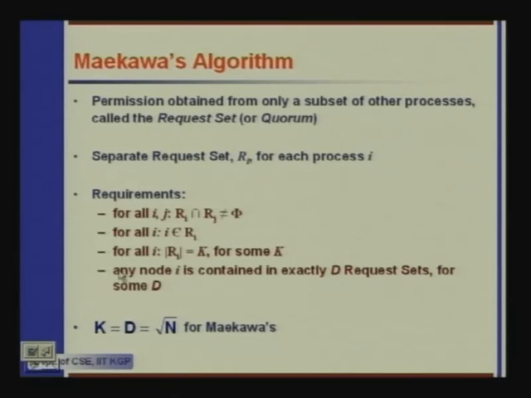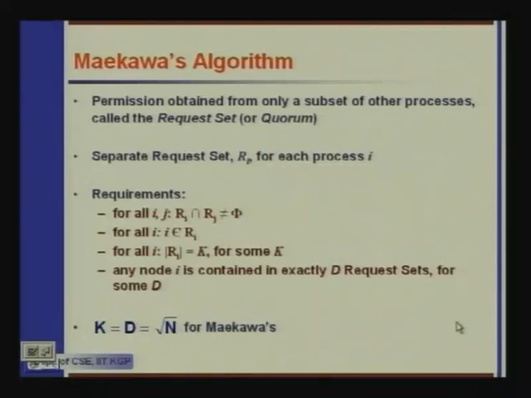We also have two performance requirements. One is that the number of members in each request set must be the same for each process. To enter the critical section, each process has to make requests to only k other processes, and k is a fixed number. So, the size of each of the Ri's is the same and equal to k.